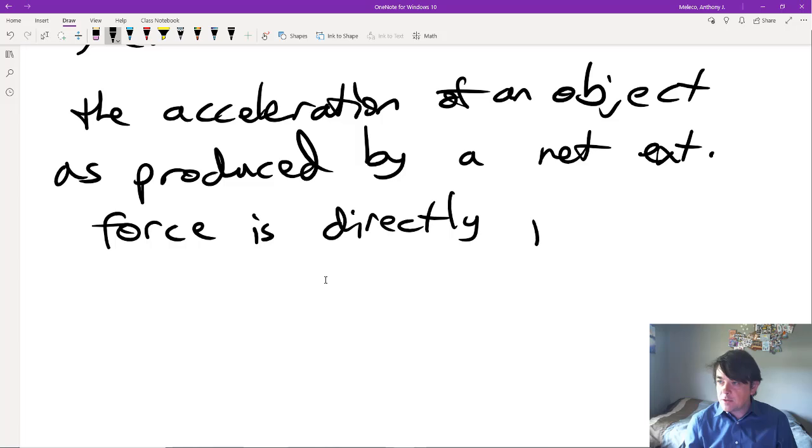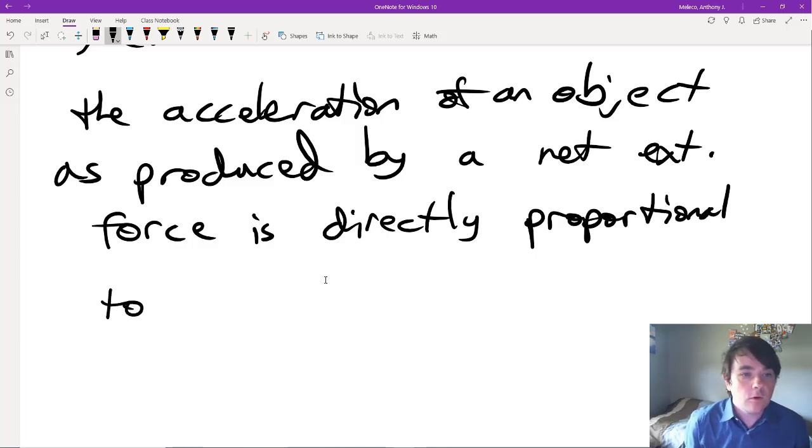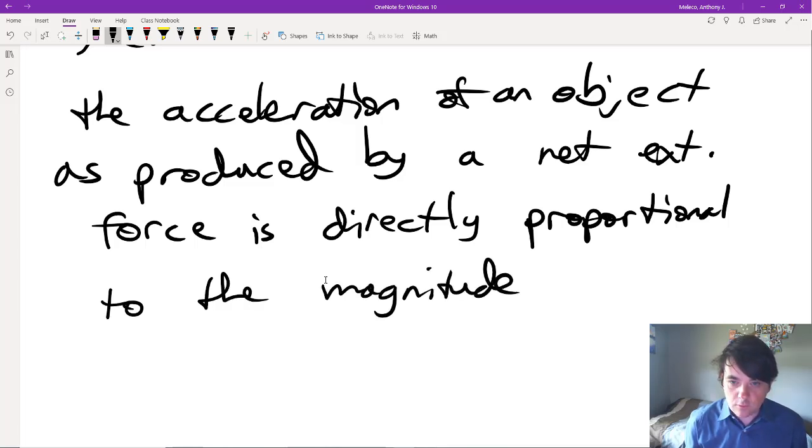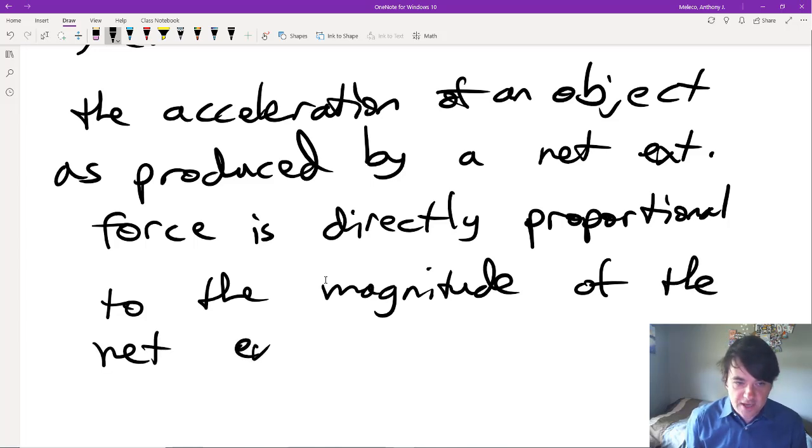So the acceleration of an object as produced by a net external force is directly proportional to the magnitude of the net external force.